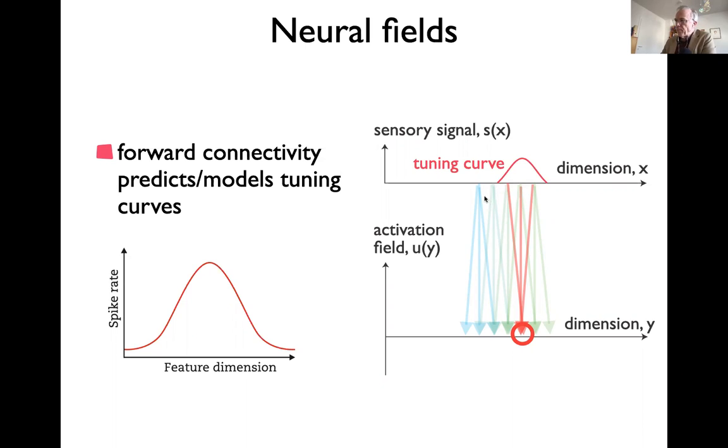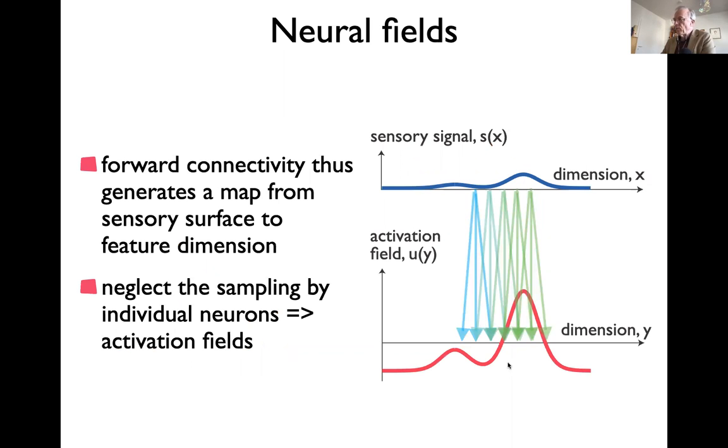So if you have this connectivity to be quite regular, then you could say for every location in my field, I can say there is a region or location. You can characterize the location by the maximum of this curve, a location in this input dimension that corresponds to that location. In a sense, stimuli at that location or with that feature value excite this location most.